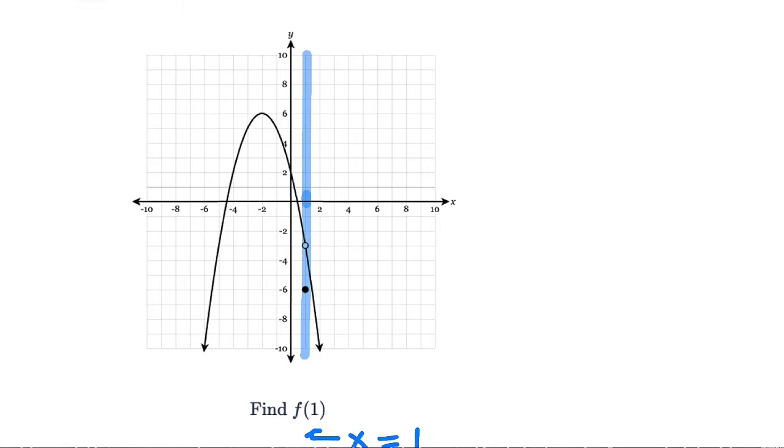But right down here at the bottom, there's our value. That's the value of -6. So f of 1 is equal to -6, because that's where our function is filled in. That's the answer to that type of problem.